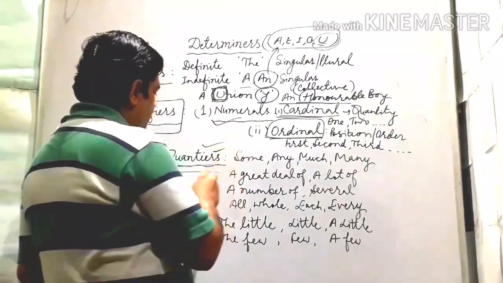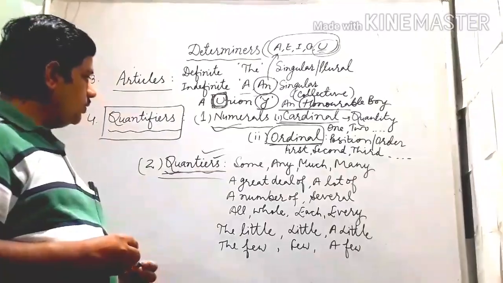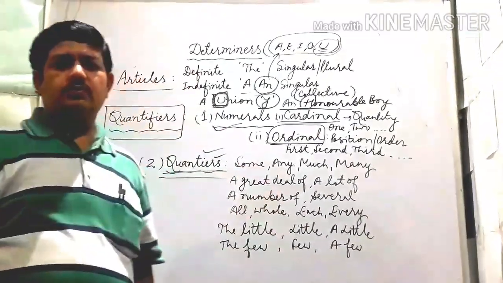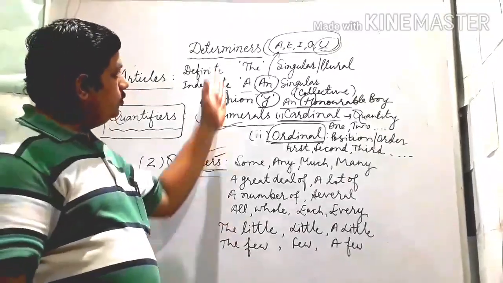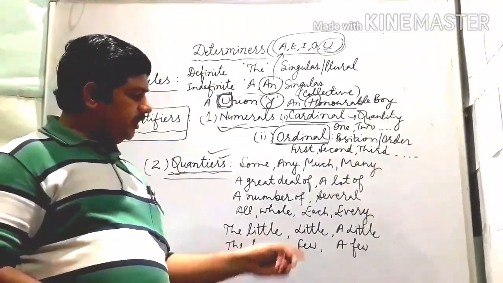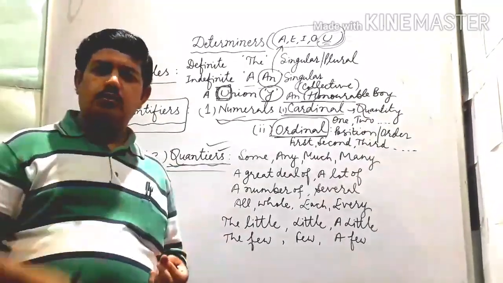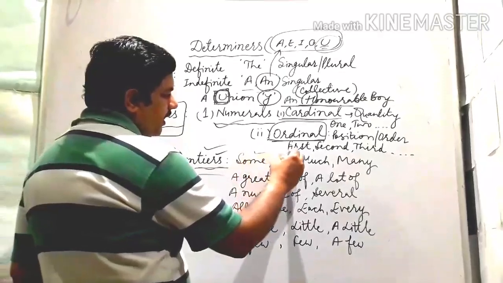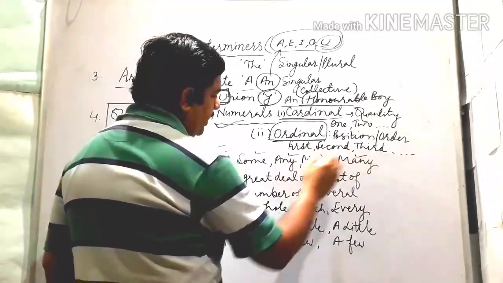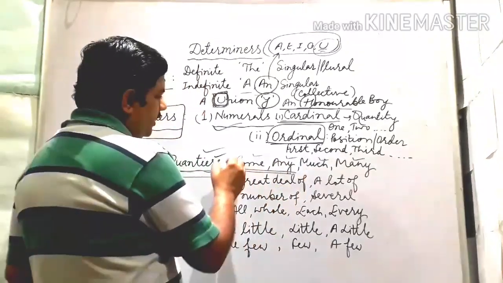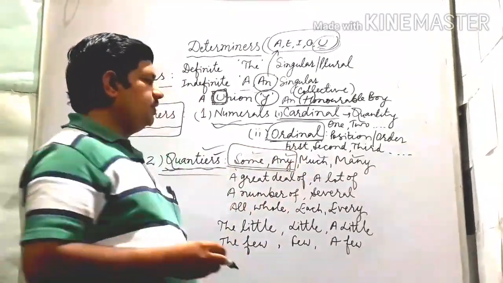Next, this is very important: quantifiers. Quantifier, we have many words that refer to determiners, and you can see here the list is quite long and we may add anything also. Listen: some, any, much, many. Before we move on, I tell you what is the difference between some and any.